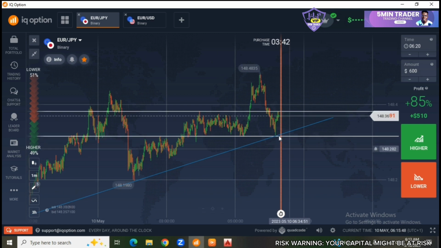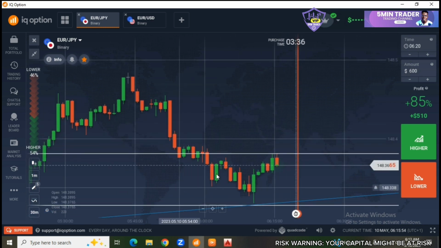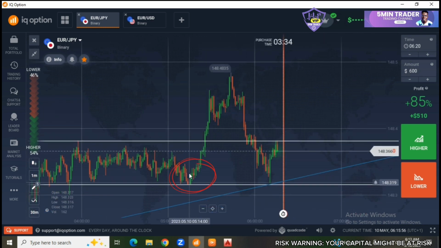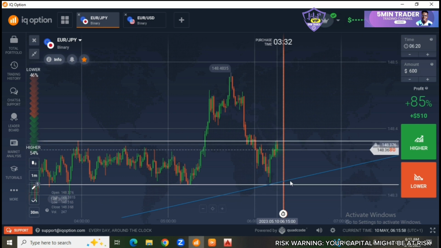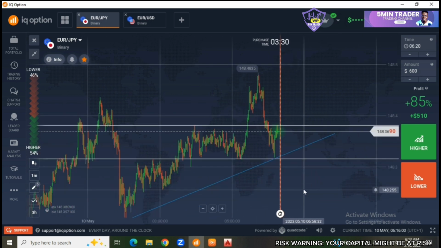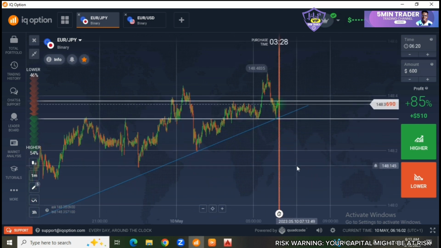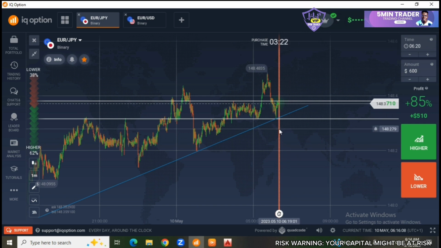I am not sure that the market is in favor of the sellers in this type of market condition, unless we have this level break. If the market reverses back and breaks this level, then we can say that now the market wants to go with the sellers. But for now, I'm in favor of this market going with the buyers.